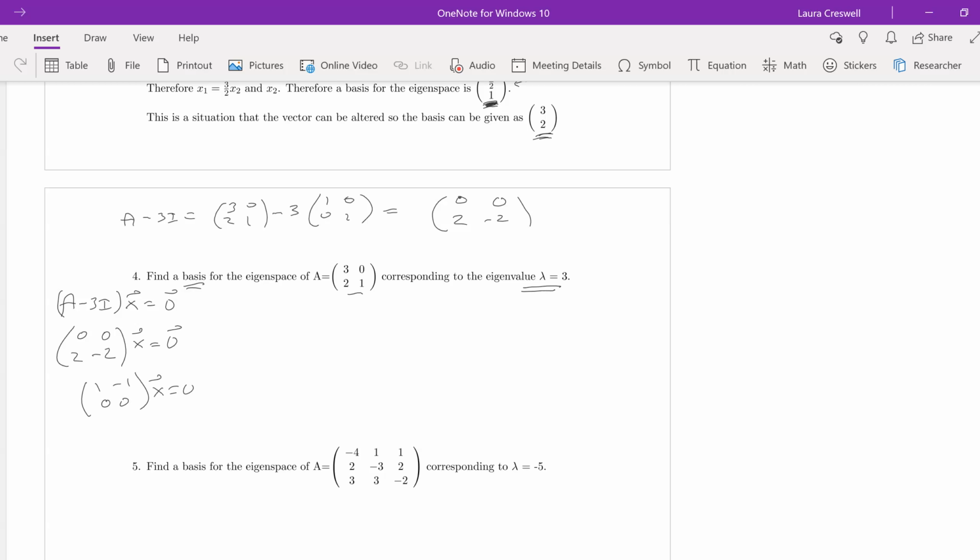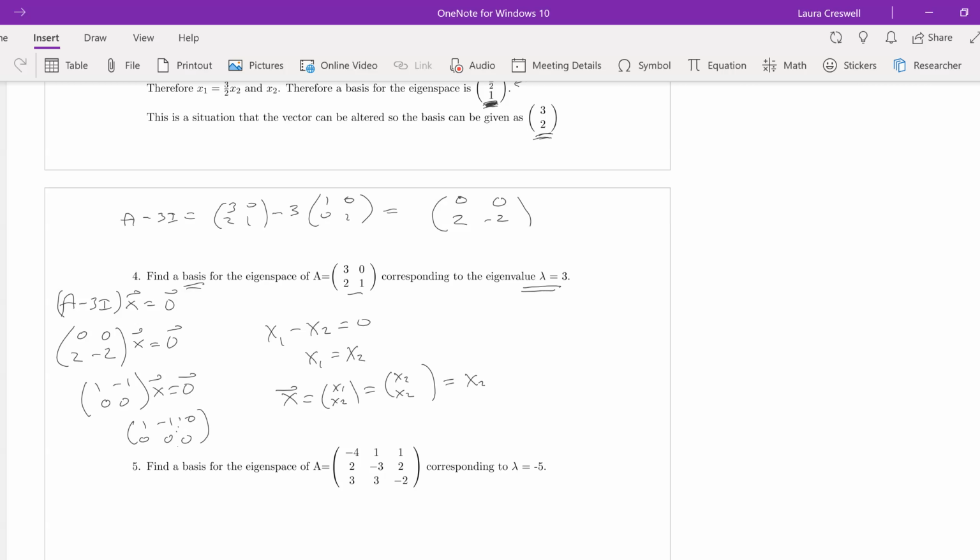I get to this. So what does this mean? This gives me 1, negative 1, 0, 0, 0, 0 when I augment it. This first row says x1 minus x2 is 0. So x1 is x2. So my vector x, x1, x2, is x2, x2.